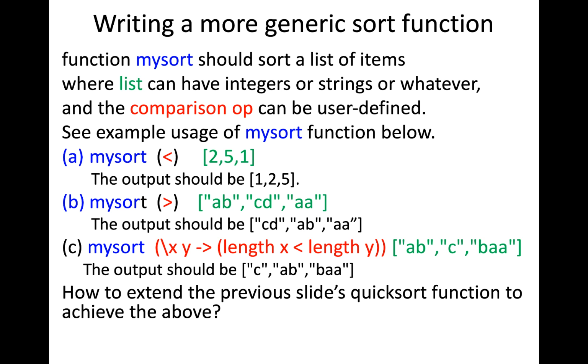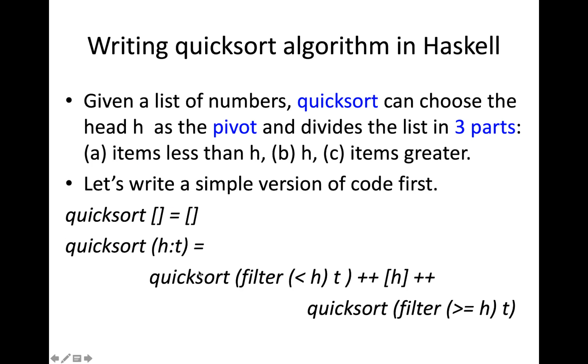So what I mean is it will be very powerful to write a sort function called mySort, which accepts a comparison operation from outside as a parameter. The previous one assumes that the comparison is the regular less than and greater than or equal.